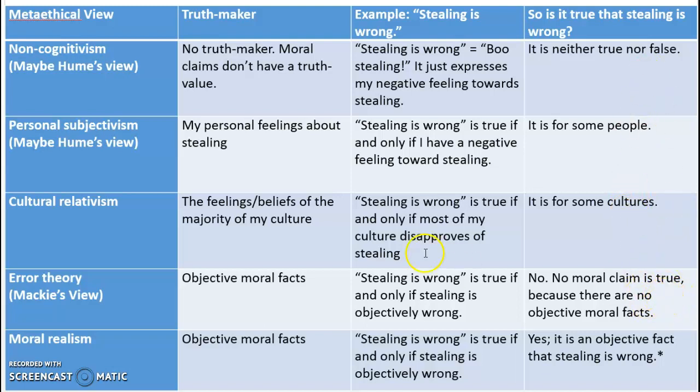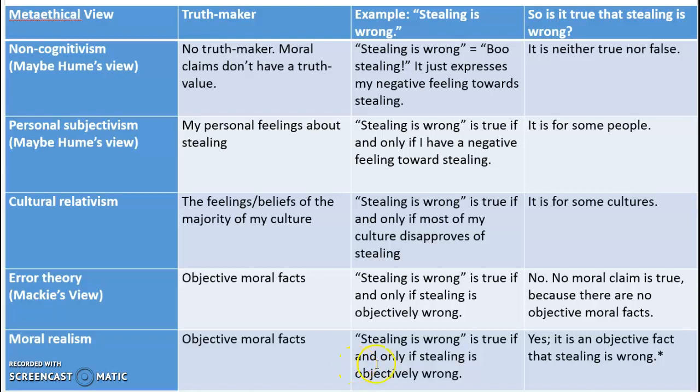Now you could contrast all of these four anti-realist views with moral realism. What's the moral realist going to say? The truth maker for a moral claim is an objective moral fact of some kind. So stealing is wrong is going to be true if and only if stealing is really objectively wrong. There's some fact out there that makes it wrong.